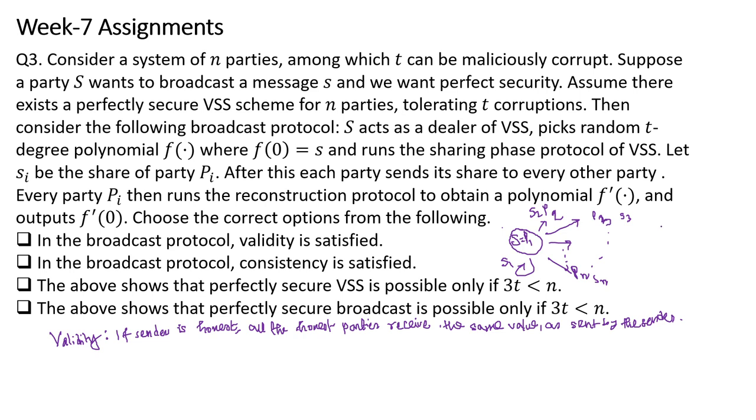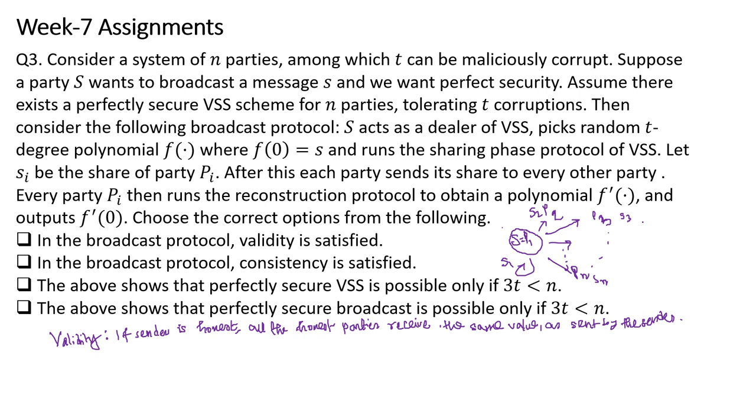Okay, now for reconstruction, what we need at the end of the broadcast protocol is that all the honest parties get the value of s, right? So this is small s, don't confuse it with the capital S, which denotes the sender.